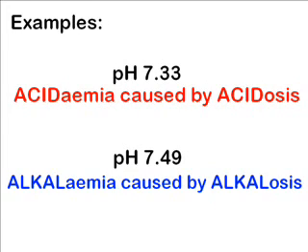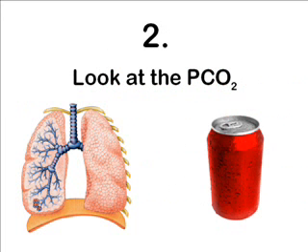Just to give you 2 examples, if you think about the normal pH range, 7.35 to 7.45, if you're presented with a pH of 7.33, you have a low pH, therefore a patient presenting with acidemia, and this is caused by acidosis. If you have a patient with a pH of 7.49, this is above the normal range, therefore you have an alkalemia caused by alkalosis.